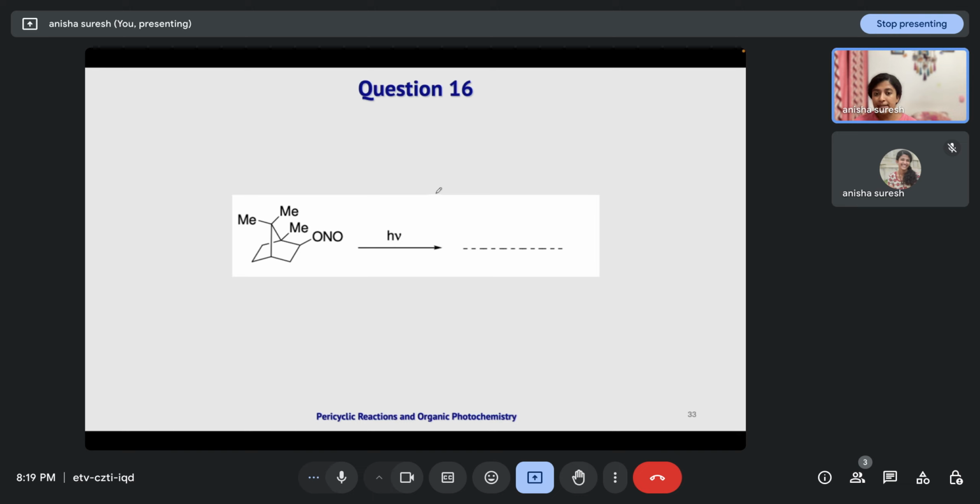So what is taking place? In Barton reaction, we have seen under photochemical condition, this ONO bond will cleave, leading to formation of O radical and NO radical, right? And then a gamma or delta hydrogen abstraction will be taking place, leading to remote functionalization. So in this case, that remote functionalization is not taking place. So first what is happening?